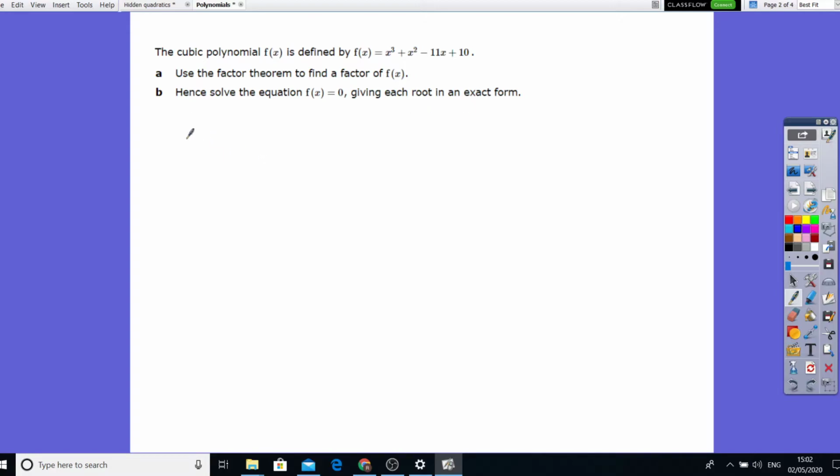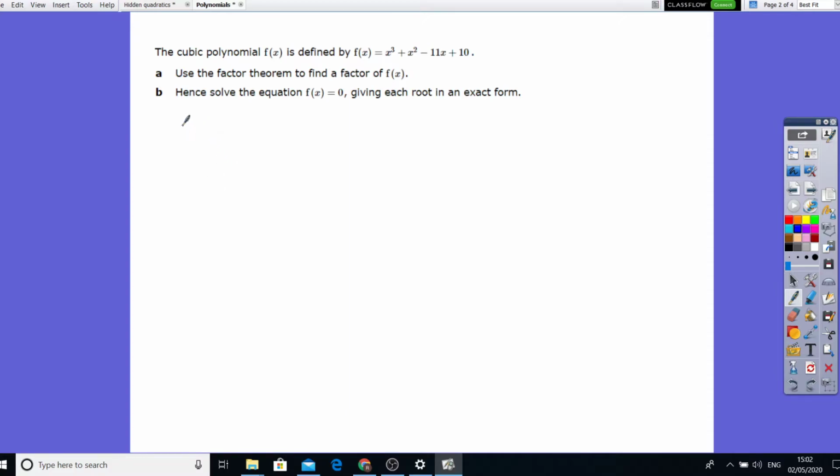Okay, first thing is using the factor theorem, we need to sub in some numbers in here, which will make this go to 0. Now it's always best to look at this constant at the end, because the number you put in should be a factor of 10. Okay, so that's always the best place to start from.